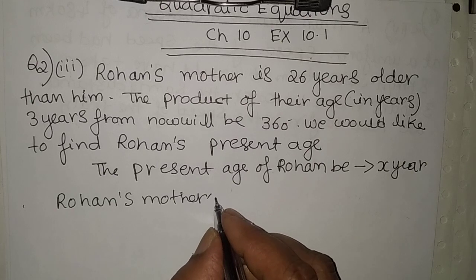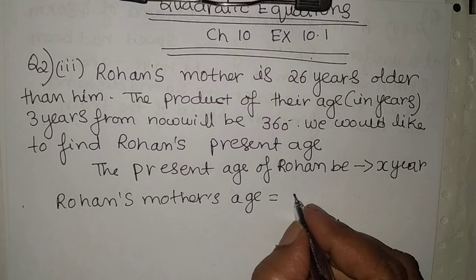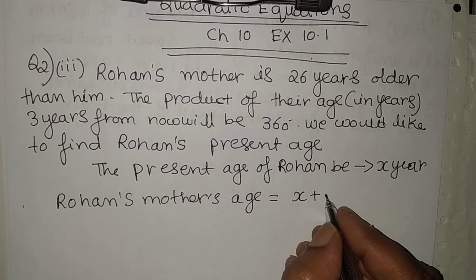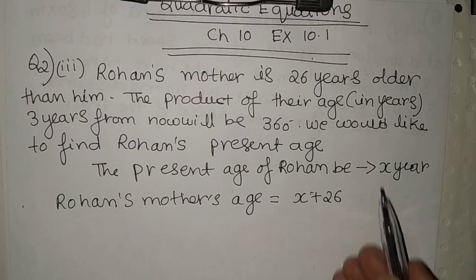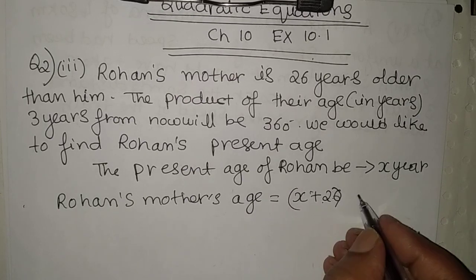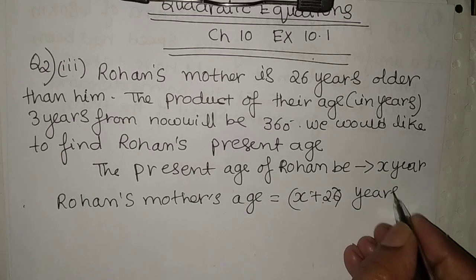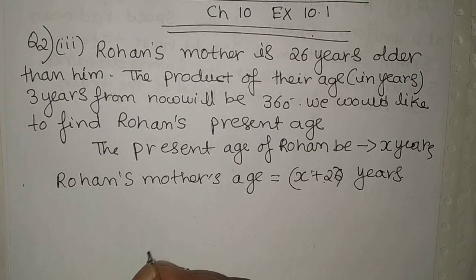Rohan's mother's age is how much? It is 26 years more, so Rohan's age is x, then x plus 26 years we have to write. Next, this is the condition given.